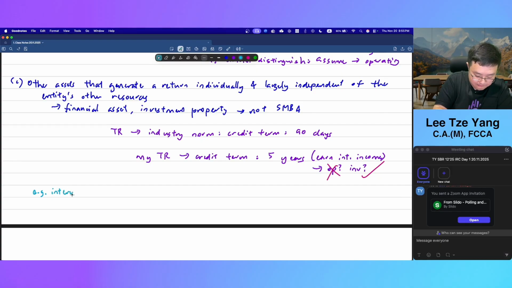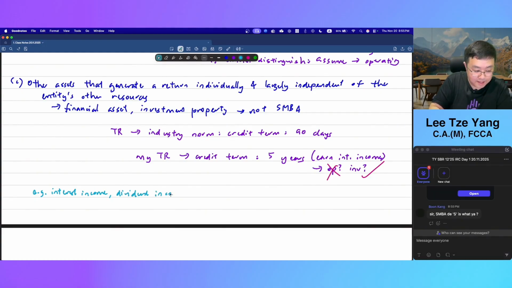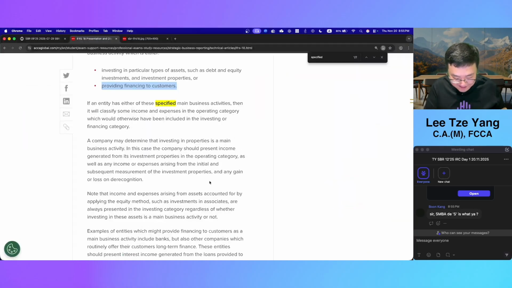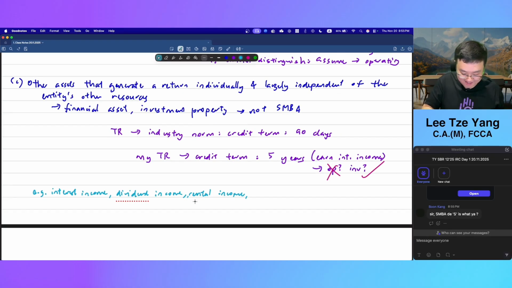Interest income, dividend income, rental income. Rental income, if it is like operating lease, is under investing. SMBA specified. The S is specified.